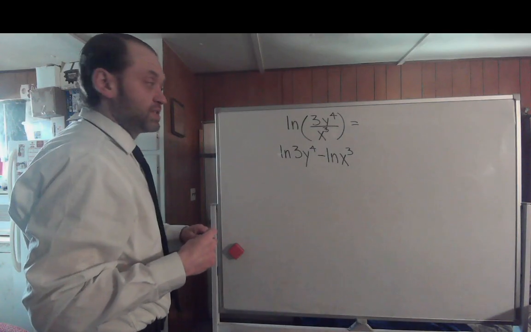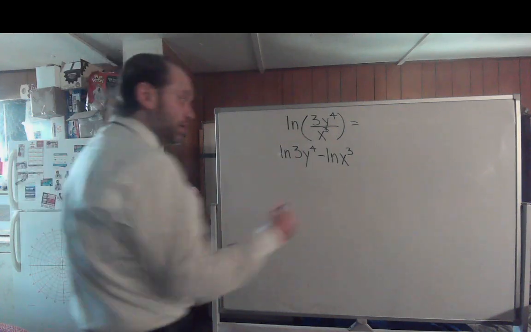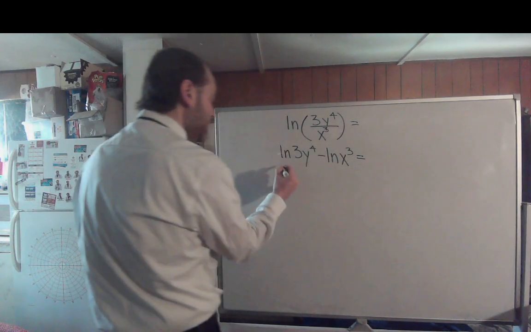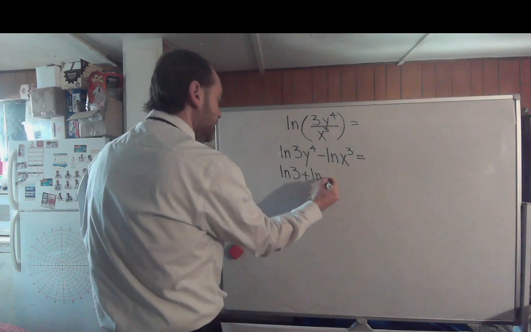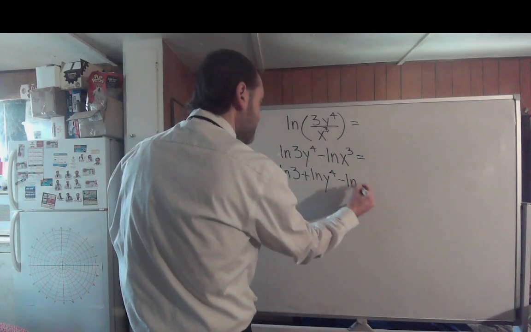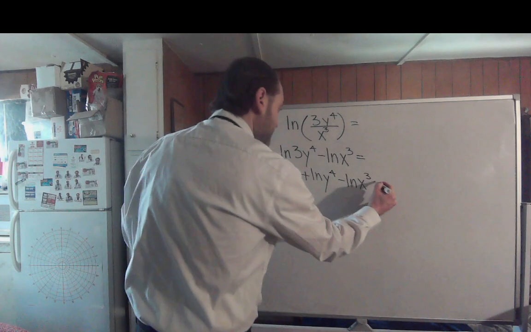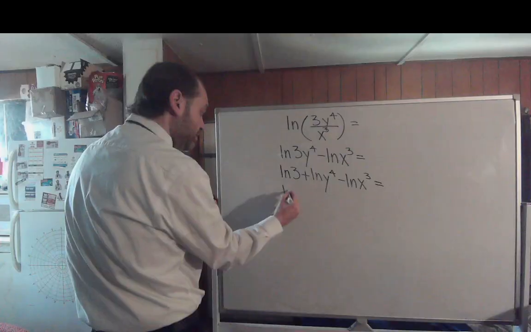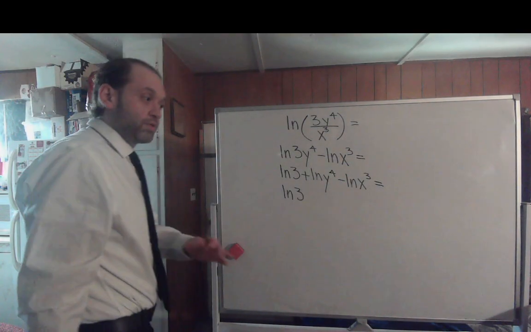Now let's notice something. The 3y to the fourth is actually a product. This would turn into the ln of 3 plus the ln of y to the fourth, then minus the ln of x to the third. Well, the ln of 3, there's nothing else we can do with that, so that'll remain the way it is. But that ln of y to the fourth is a power rule.